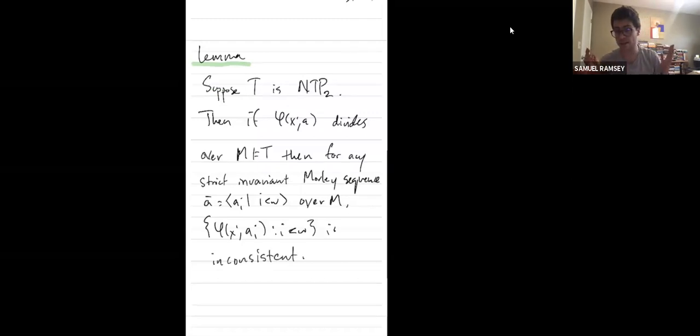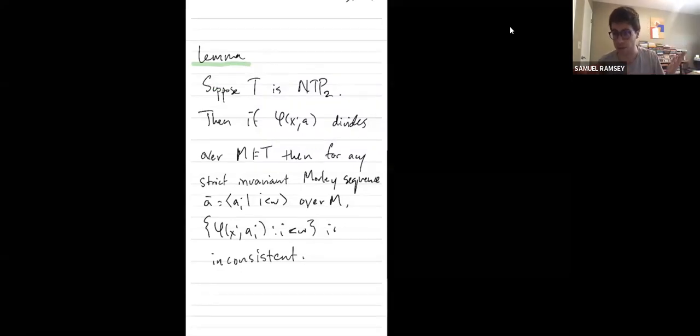Okay, so this says that if you have a formula that divides, that dividing is witnessed along every strict invariant Morley sequence. These say the same thing.